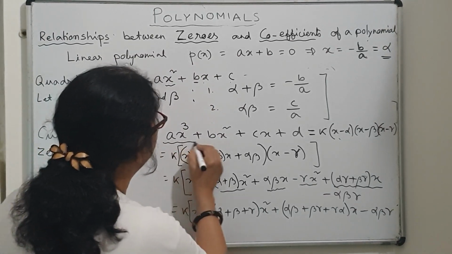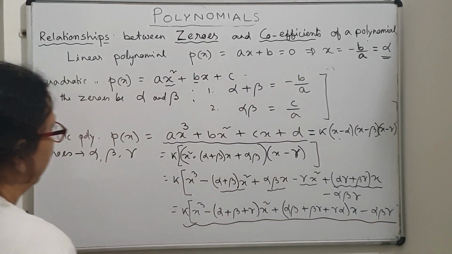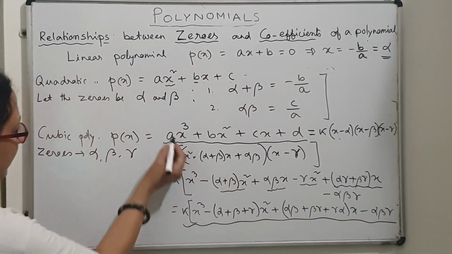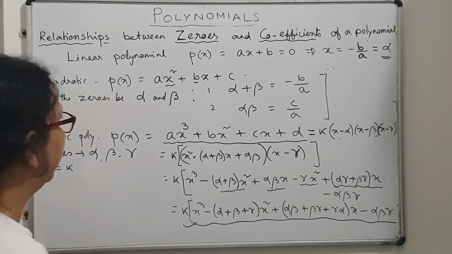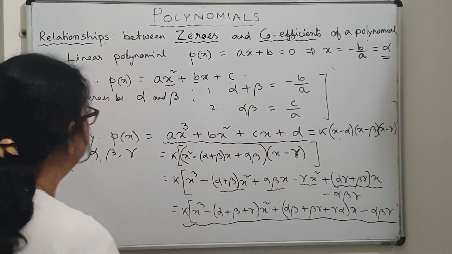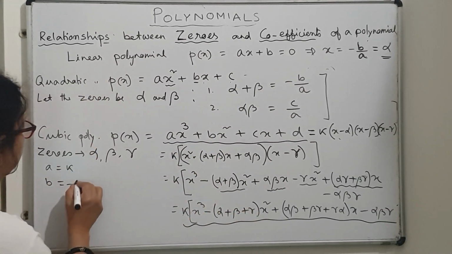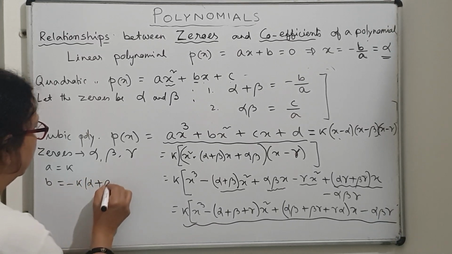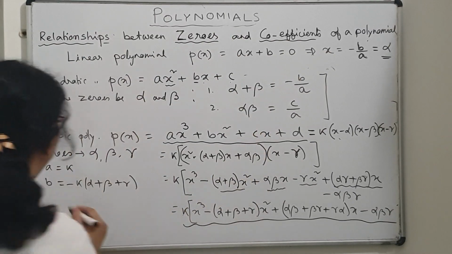Now I will be comparing these with this. So coefficient of x cube is a here, and here it is k. So a is equal to k. Coefficient of x square is b here, so b is equal to minus k into (alpha plus beta plus gamma). Then coefficient of x is c.